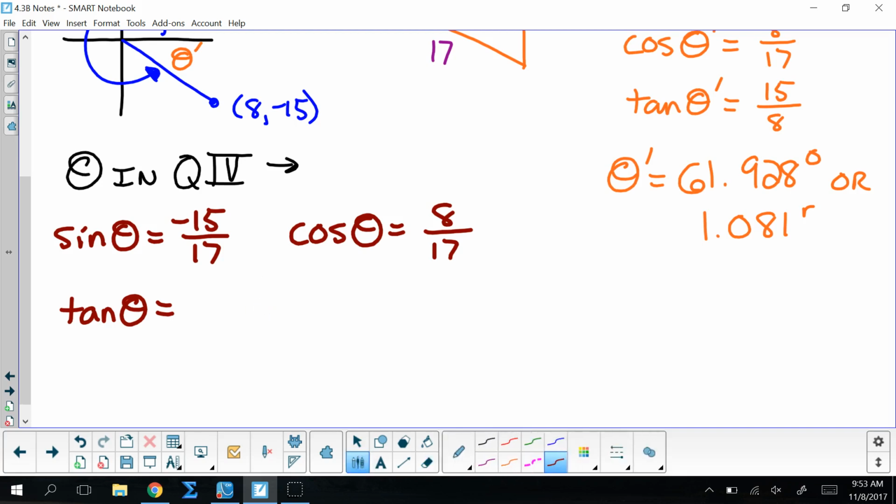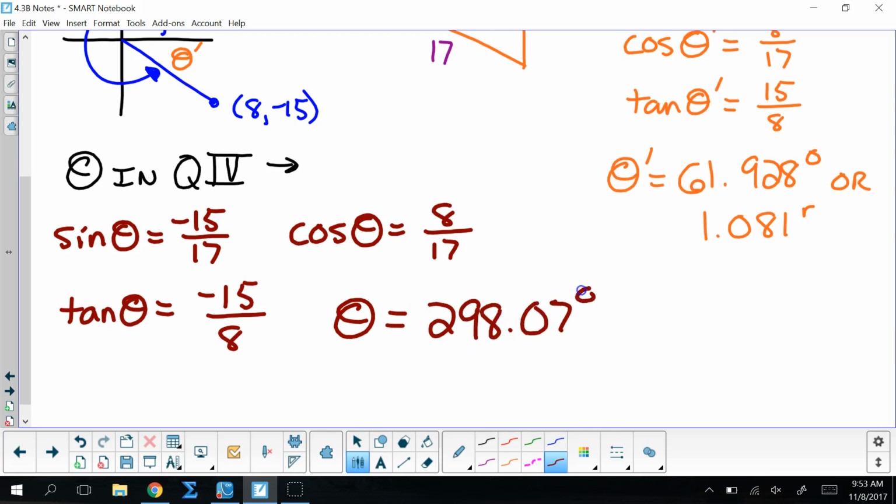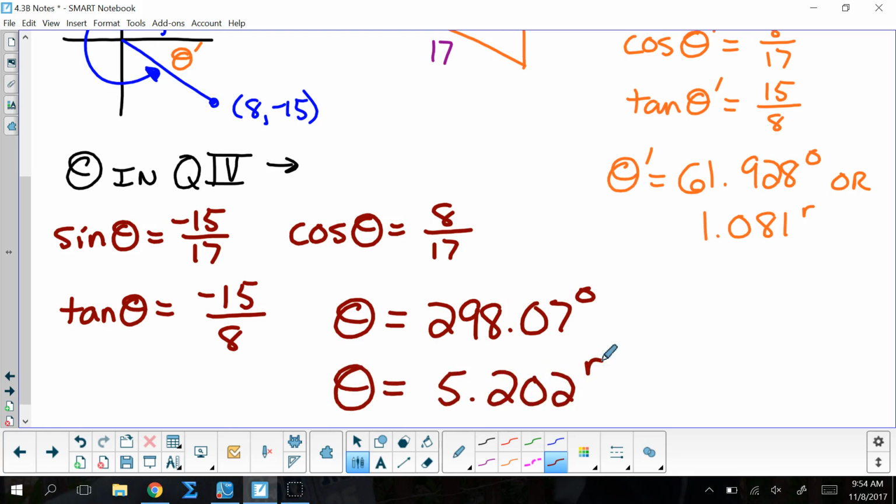My tangent becomes negative 15/8. And my theta is going to be 360 minus my reference angle, which is 298.07 degrees, or 2 pi minus my reference angle, 5.202 radians.